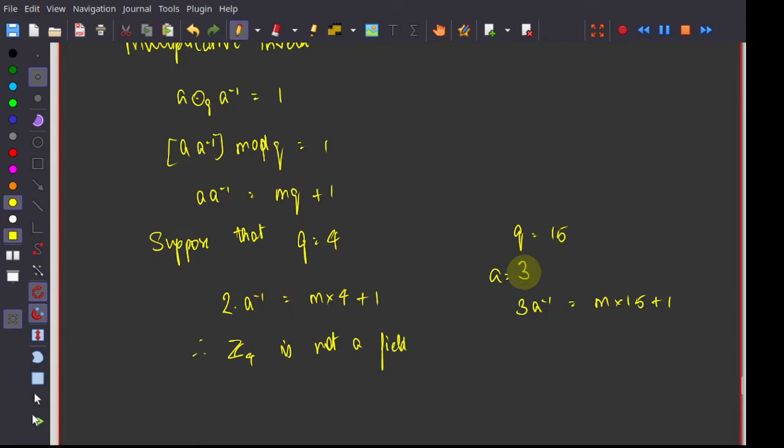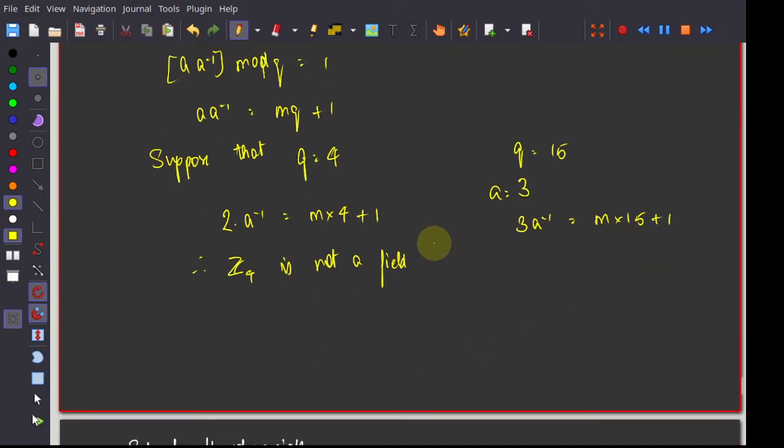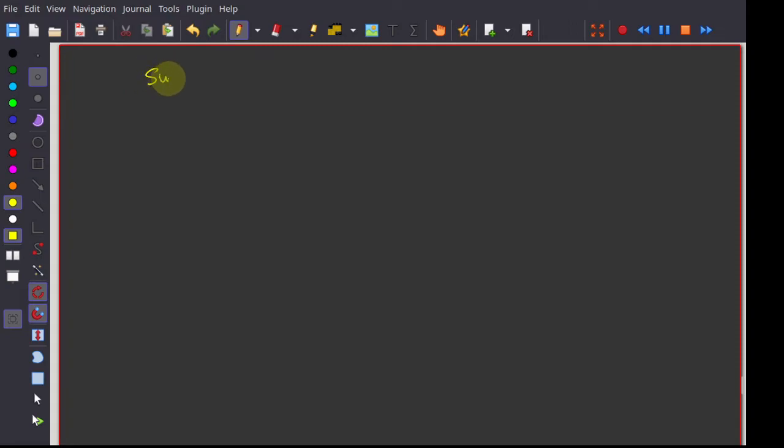15 is a multiple of 3. Suppose that Q is composite. Then basically you can write Q as some alpha times beta, right?